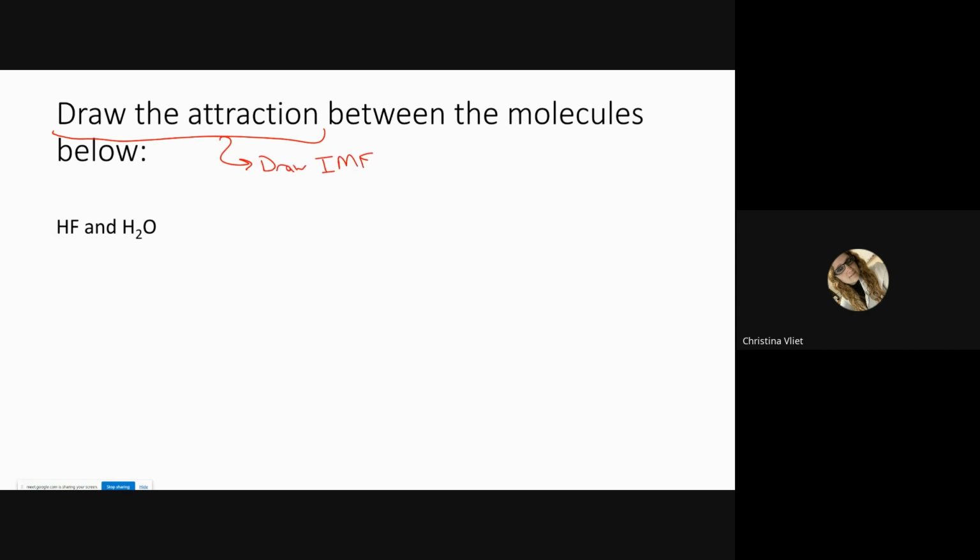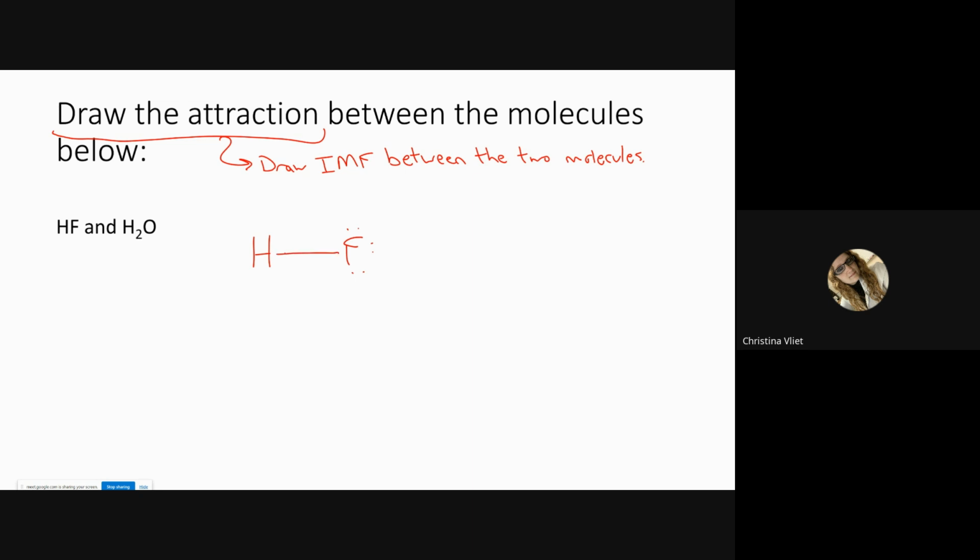IMF is the shorthand for intermolecular force. We don't want to write all of those words. We write IMF between the 2 molecules. HF, we've already drawn it, so I'm going to draw it quickly. HF.